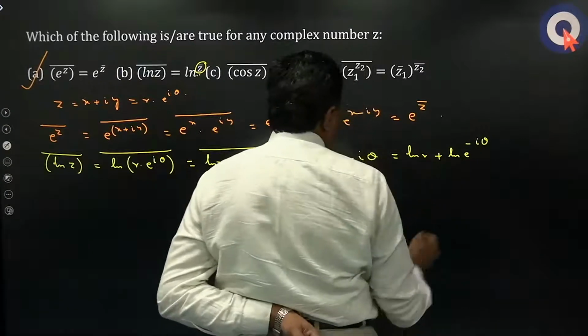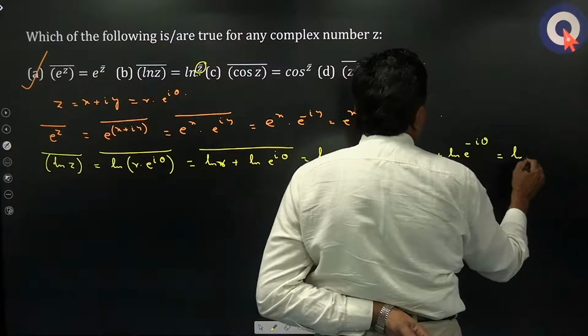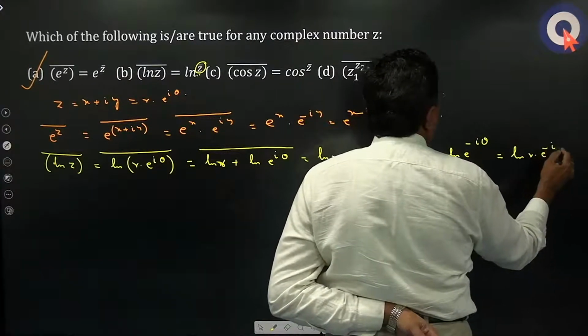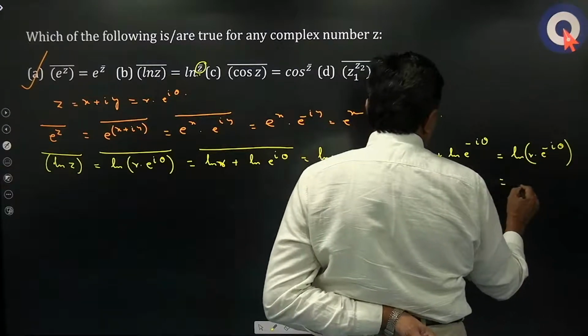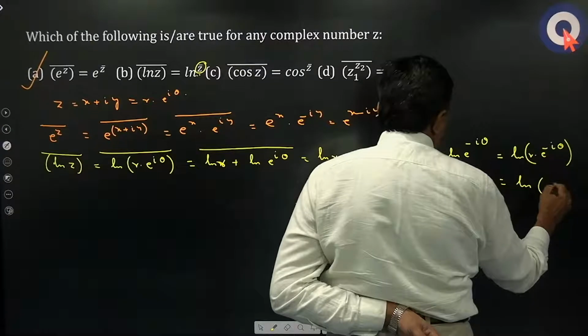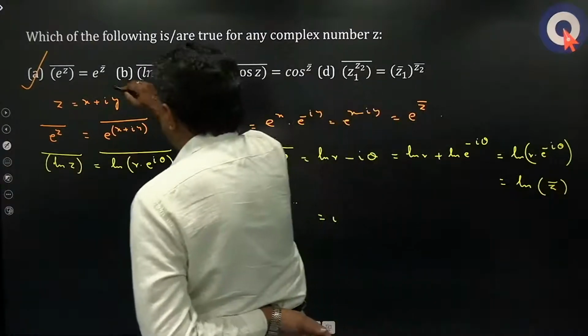So we can write this as ln of r into e power minus i theta, which is nothing but ln of z bar. So even this is correct.